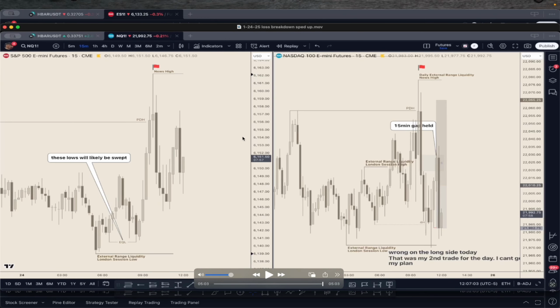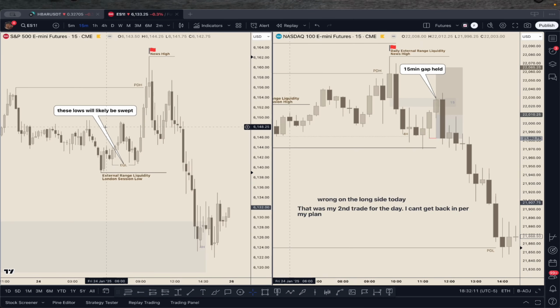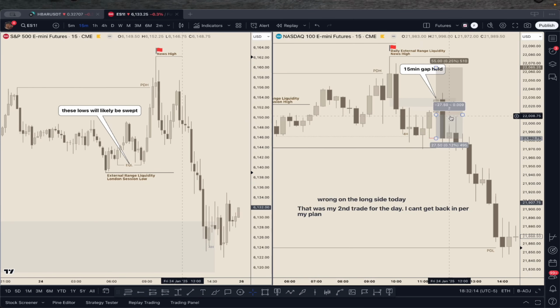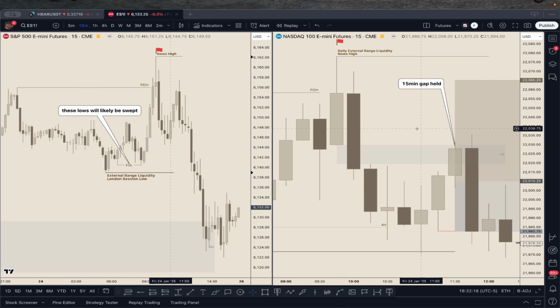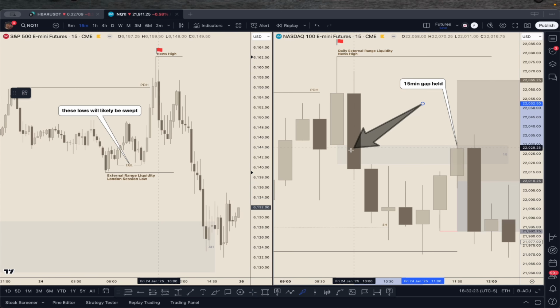All right, so that's where I stopped the recording, but I'm gonna go over here to the chart, and you can see that there, okay? So there was the trade on, here's the 15-minute, right? You can see there is that 15-minute gap right there that I had denoted by a single line.